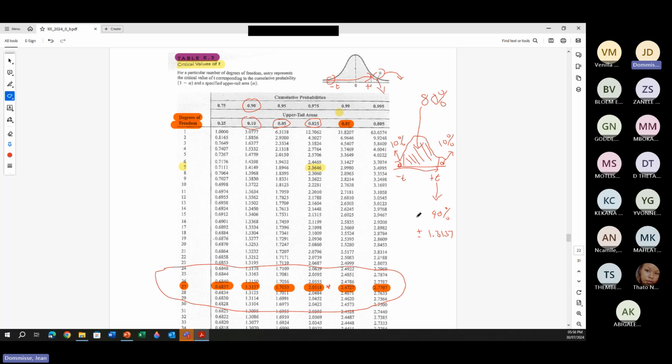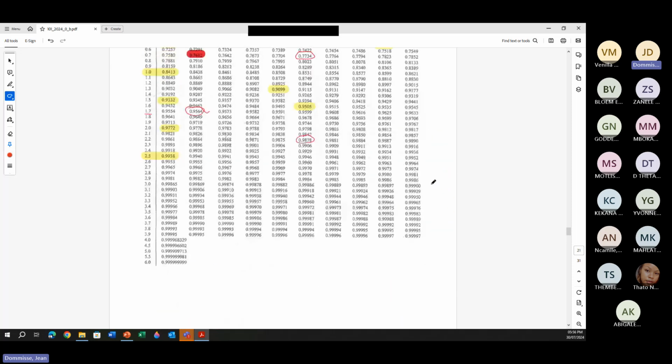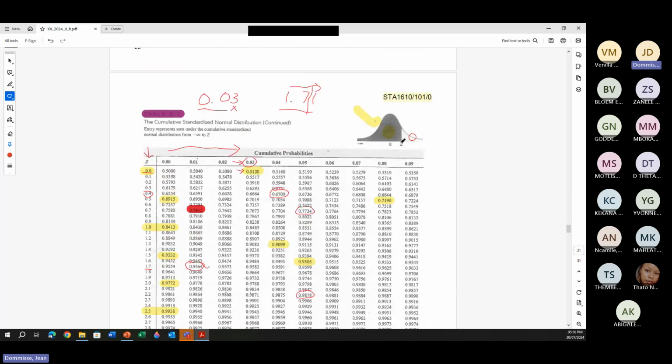It's exactly the same with a Z. There's the positive Z, and this side is a negative Z. So that's why we can say that is exactly the same size as that one.